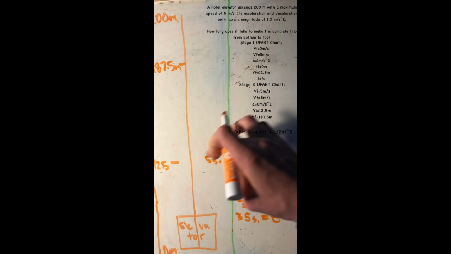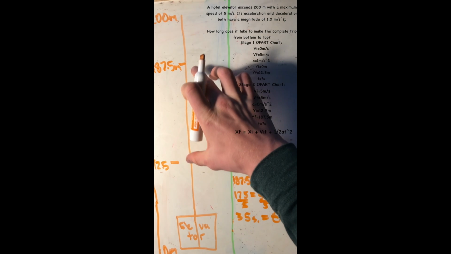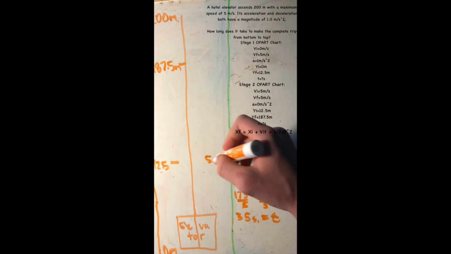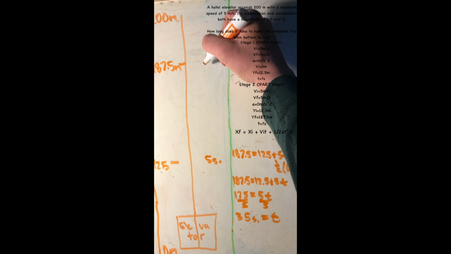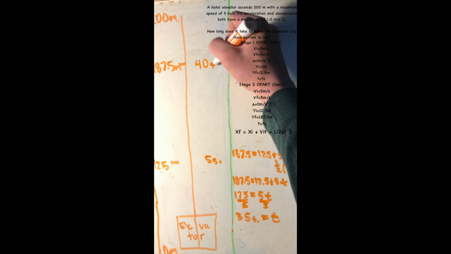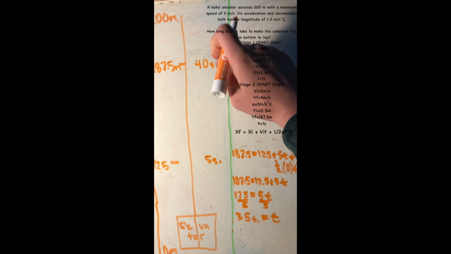Now we'll divide both sides by 5 to get 35 seconds equals t right there. So between right here and right here, 35 seconds will pass. So 35 plus 5 will be 40 seconds. So at that point, it's going to have traveled 40 seconds in total.